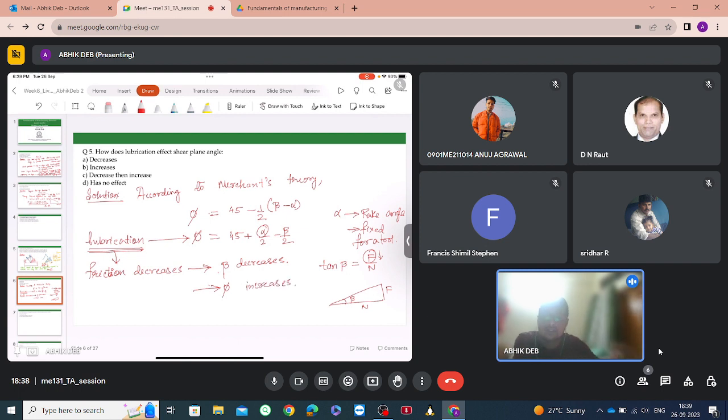If the shear plane angle is increasing, then the shear plane length decreases. That is how the power required for the chip formation will also decrease, because the shear area will decrease. Okay, so that is how lubrication decreases the power consumption. So the correct option here is B.